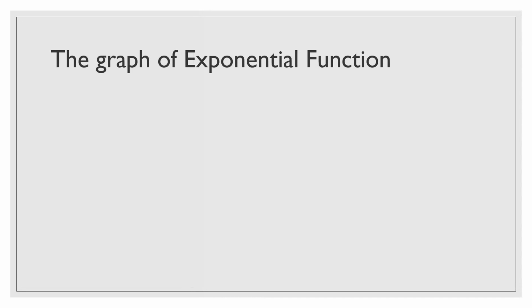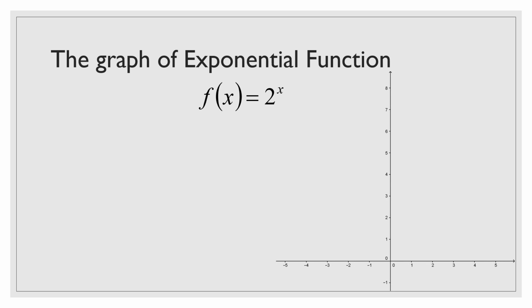Now let's have the graph of an exponential function. Let's say our function is f(x) = 2 raised to x. Observe what will happen to the graph. Let's plot some points.